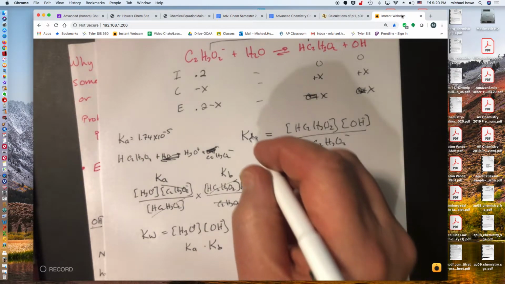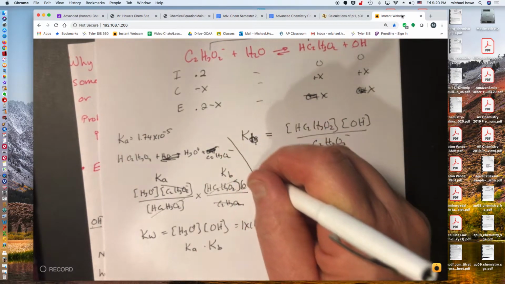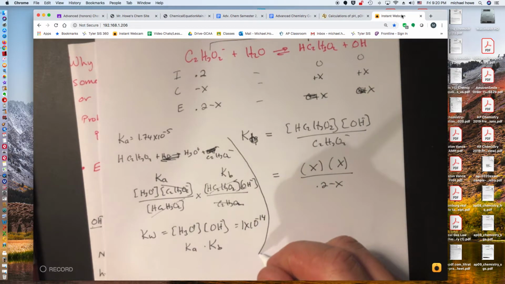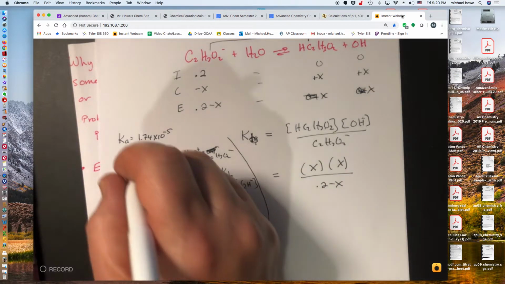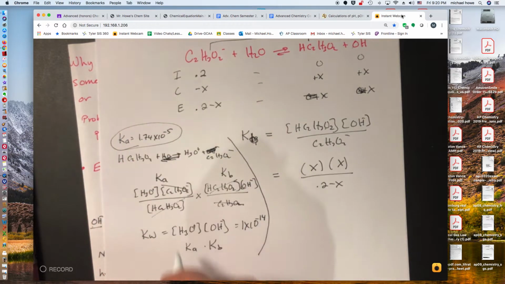Now remember, in this problem, we needed to know what Kb was for the ion. So I know the Ka for this acid, which I gave you, and you'd be given in a problem, is 1.74 times 10 to the negative fifth. So that means since Ka times Kb equals 1 times 10 to the negative 14th, that means that 1.74 times 10 to the negative fifth multiplied by Kb equals 1 times 10 to the negative 14th.